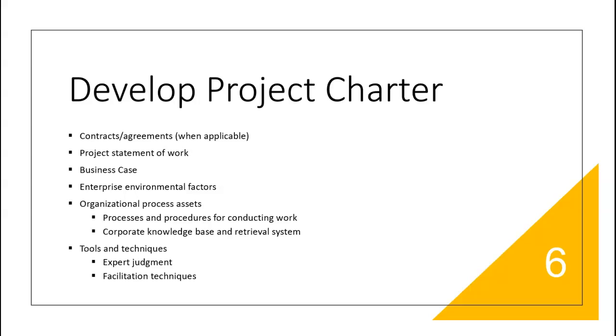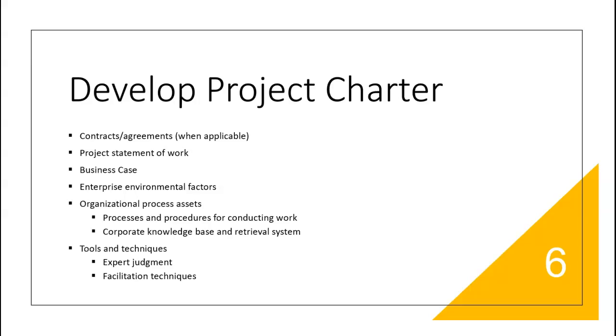So a contract is common as input to your charter if the work is being done by an outside source. Or you might get a statement of work as input with the business documents in developing your charter, right?